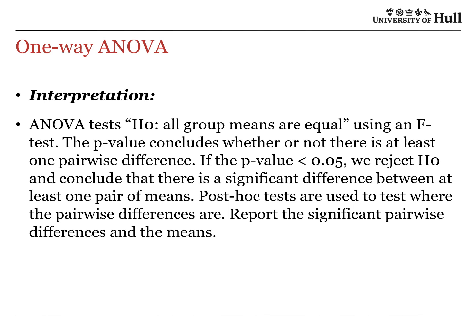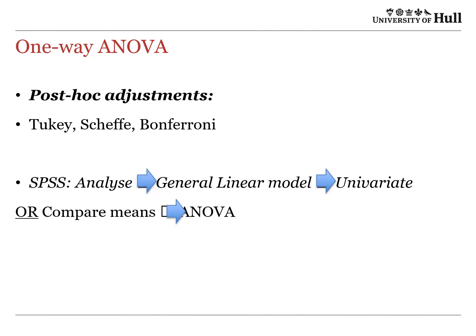Post hoc tests are used to test where the pairwise differences are, and then you report the significant pairwise differences and the mean values. There are a range of post hoc tests or post hoc adjustments: Tukey, Scheffé and Bonferroni. In my experience, Bonferroni is the most common one to use and the most common one to understand.